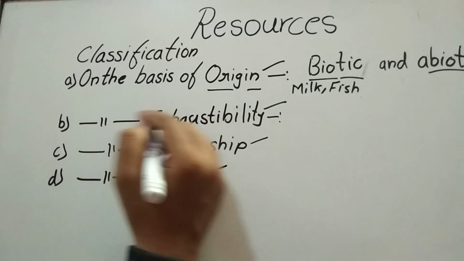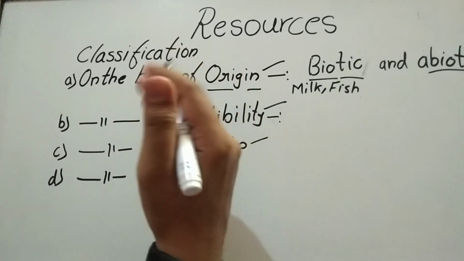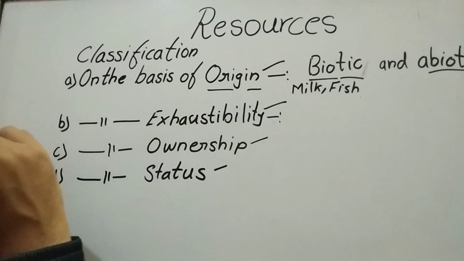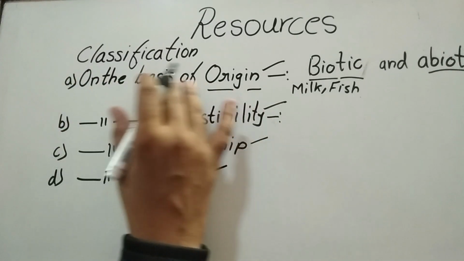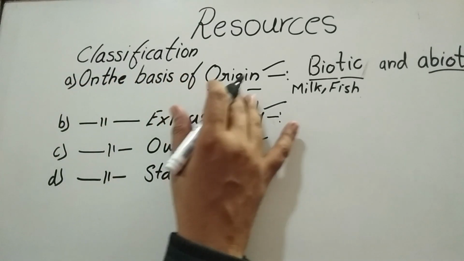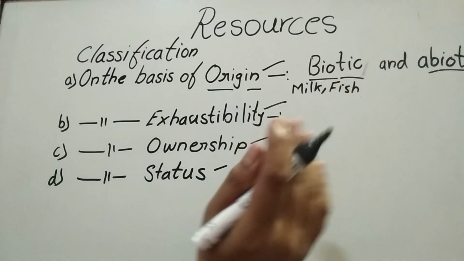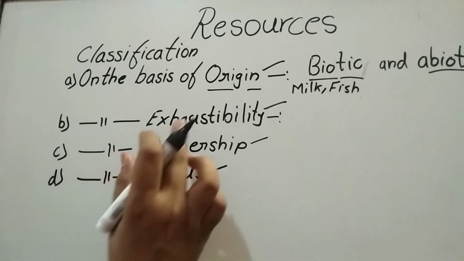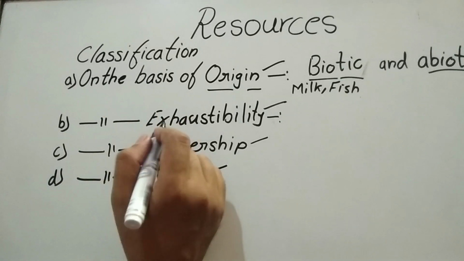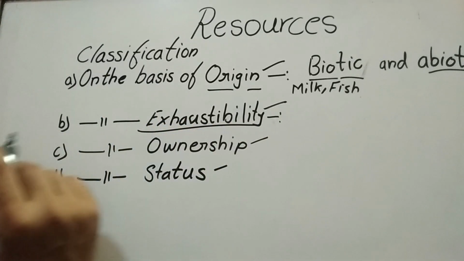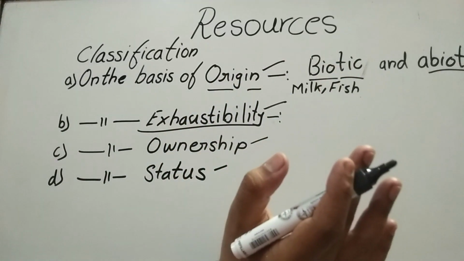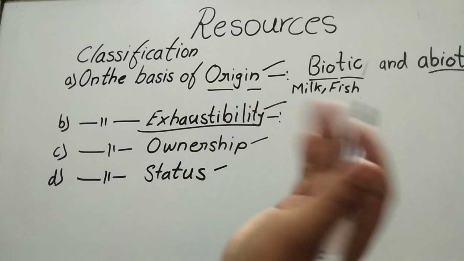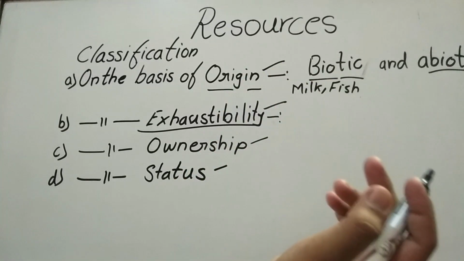Okay, now we are going to shift to the second classification. Everybody understand the earlier classification on the basis of origin, biotic or abiotic? Coming to the next classification, exhaustibility. What do you understand by the word exhaustibility? Exhaustibility सीधे तौर पे हिंदी में बोला जाए तो ख़त्म होने लायक. शेल्फ लाइफ और longevity.